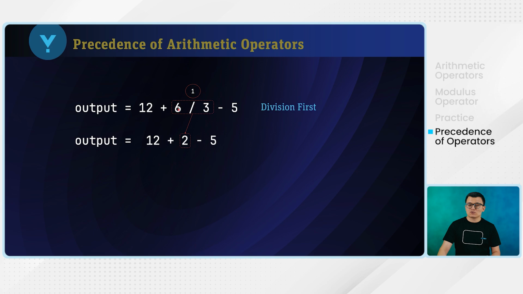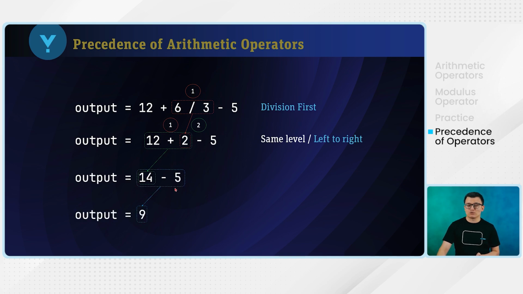When the division is executed, it returns 2. And now we have addition and subtraction. Since they both have the same level of precedence, the execution order is from left to right, which means addition is executed first, giving you 14, and then the subtraction, which gives you 9.